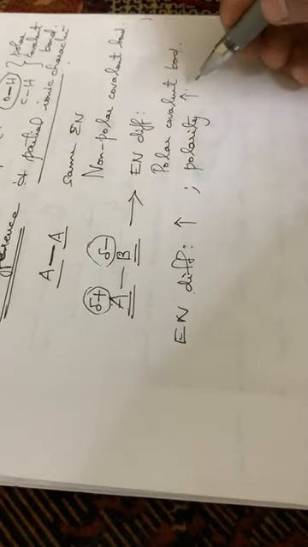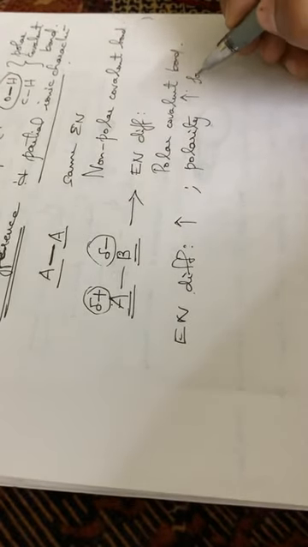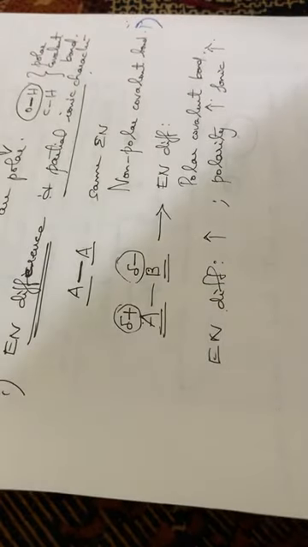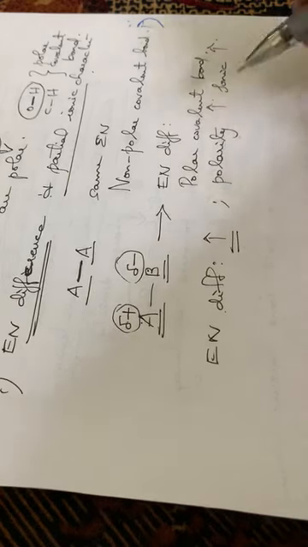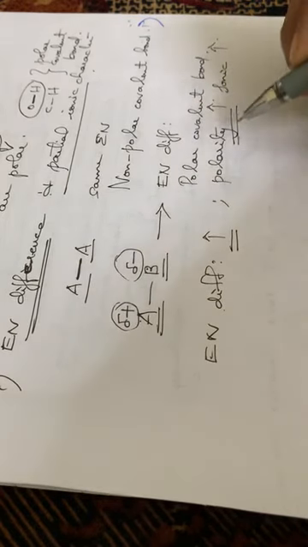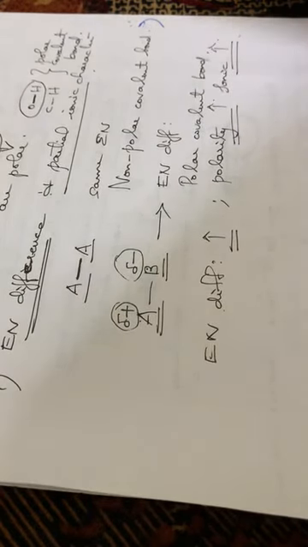If the intensity of the charges increases, the polarity of the bond also increases. So greater the polarity, what happens to the ionic character? Ionic character will also increase. Okay, so that is the point to be noted here. The greater the electronegativity difference between the two atoms, the polarity increases. As polarity increases, the ionic character also increases.